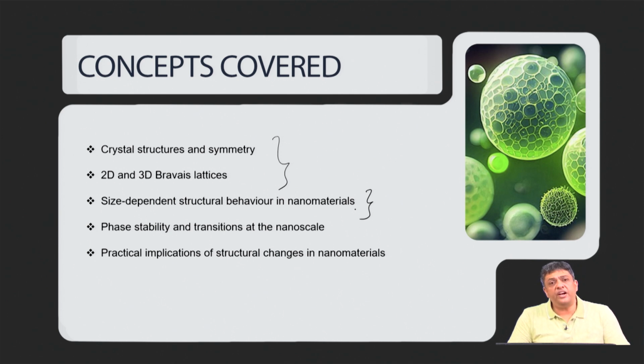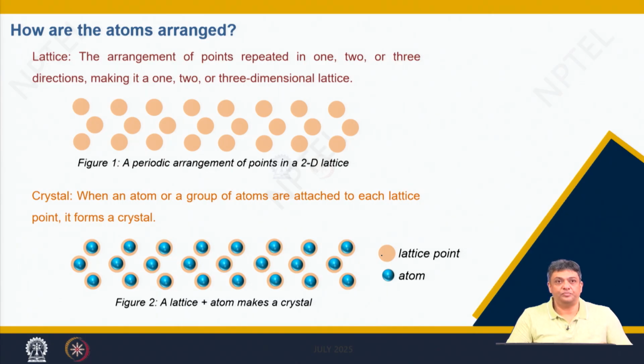So, it is a very well understood material, but it can undergo phase transition as a function of size reduction, and how it impacts its properties will be discussed. So, we will talk about phase transition and the stability of the phase, and then we will talk about the implications of these modulations and the applications of the materials.